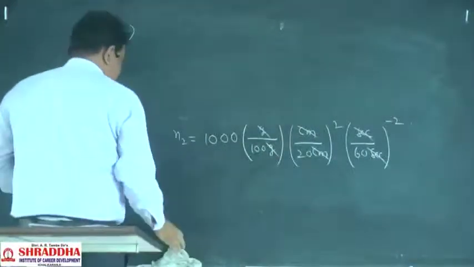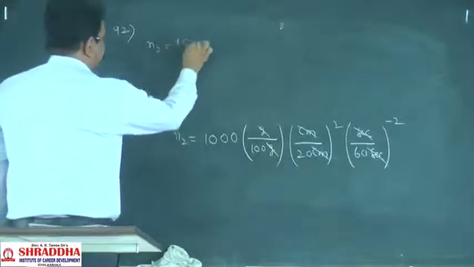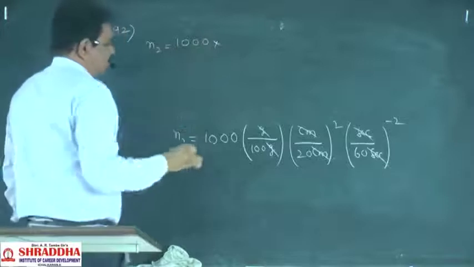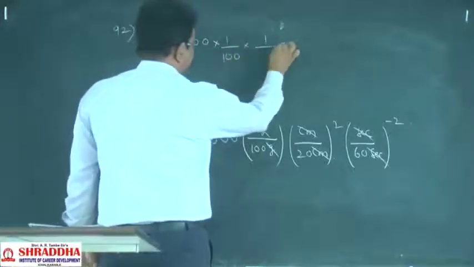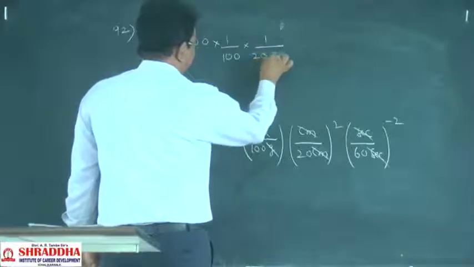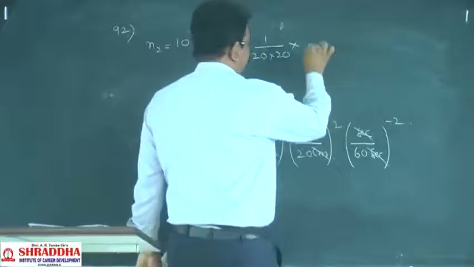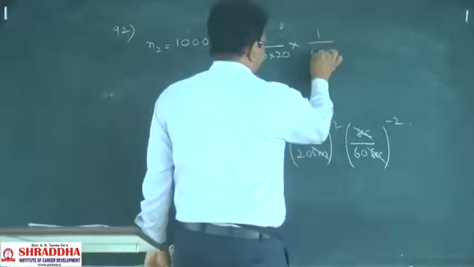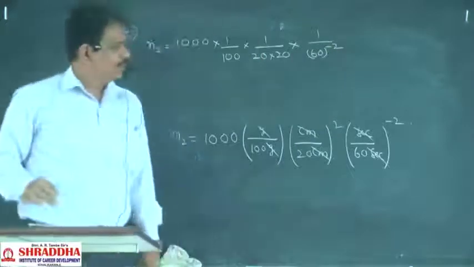So n2 is equal to 1000, 1 by 100, 1 by 20 into 20, 1 by 60 power minus 2.